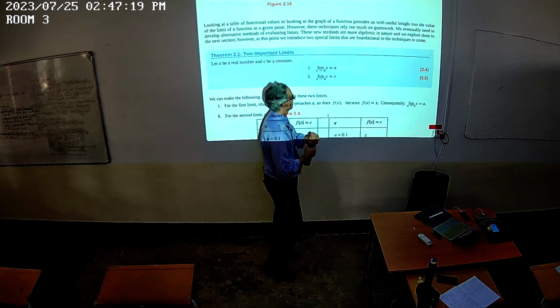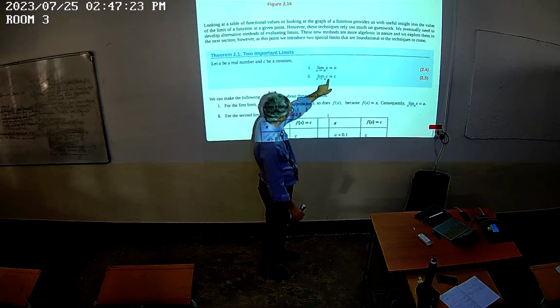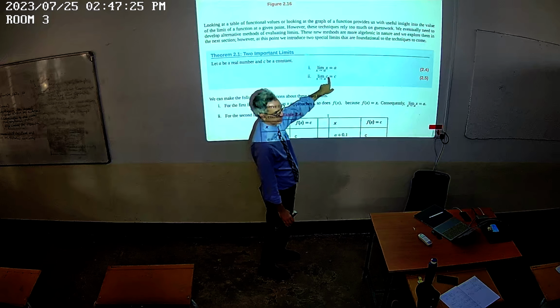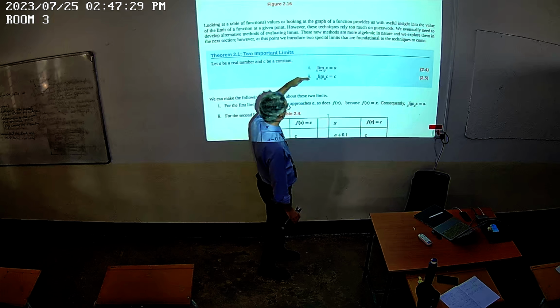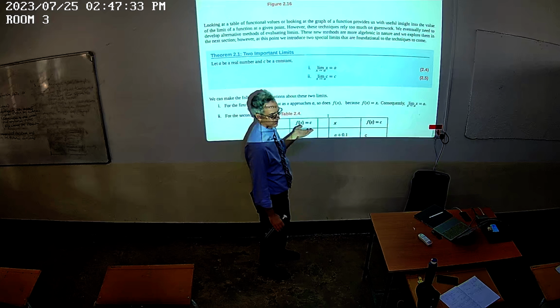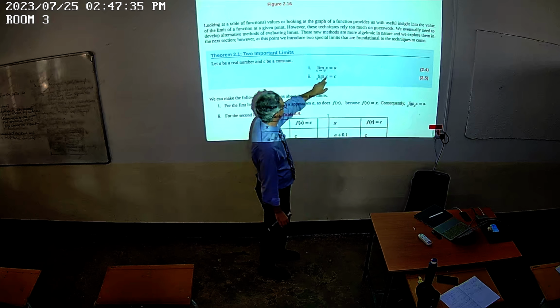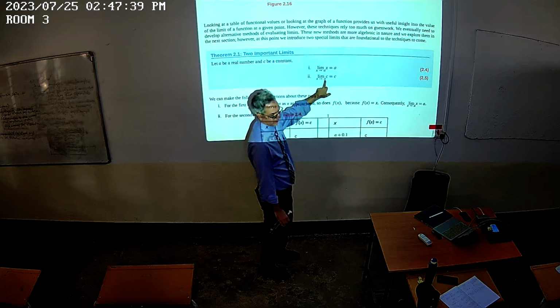It doesn't depend on x. I can have any x value I want, and f of x is just that constant. If c is 3, then it's the line y equals 3. For any x, my function equals 3. So the limit of a constant function as x approaches anything is just that constant.